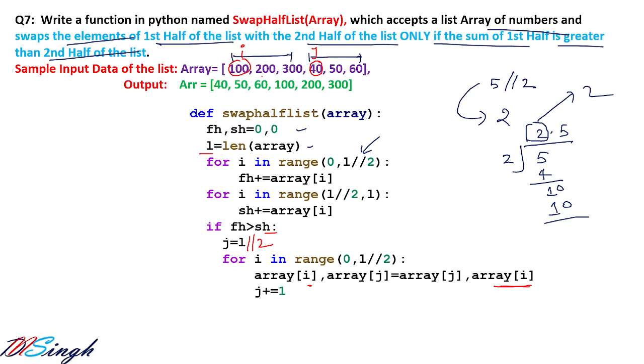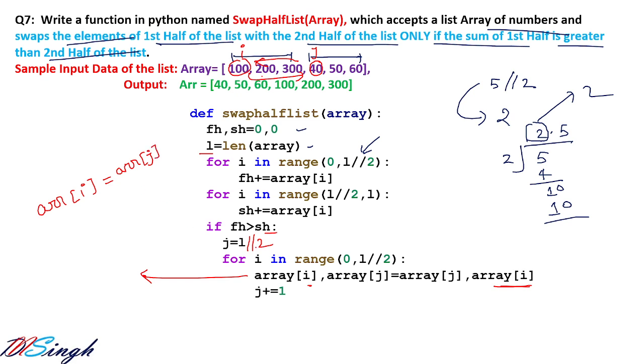So these are going to be swapped between each other. This is how it is going to happen. So this statement can be written in the way that ARR of i is going to be stored with ARR of j.